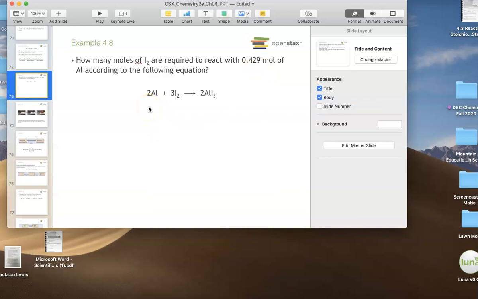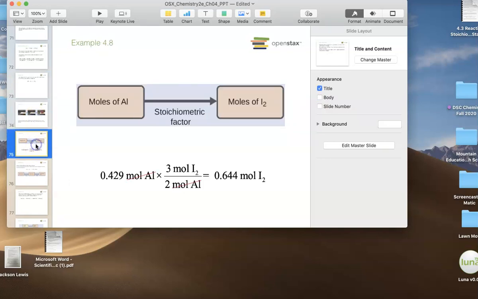They're asking how many moles of iodine we need. We want just enough iodine to completely react with the aluminum, with no excess of one or the other.